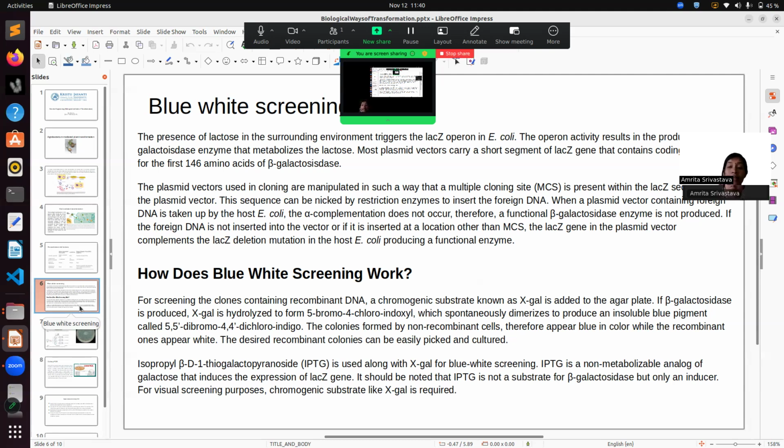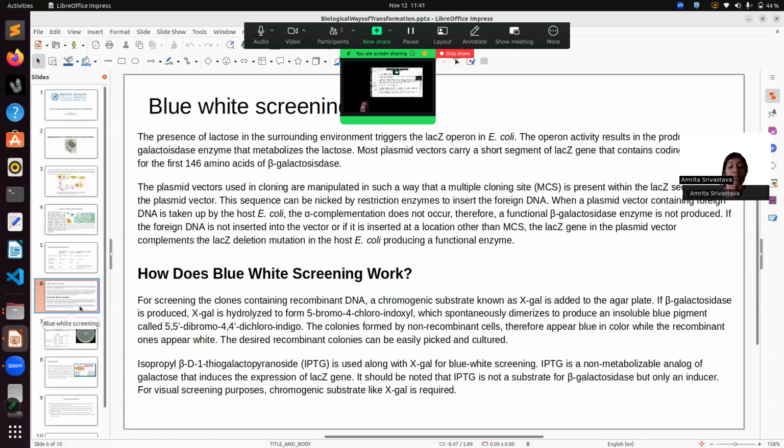And if this particular transformation is occurring at the right position, then often the operons get disrupted. And once the operons get disrupted, the beta galactosidase enzyme is not produced, and the lactose or analog of lactose is not digested. So what we do for this method is that we use X-gal.